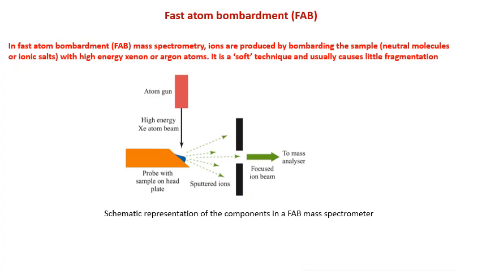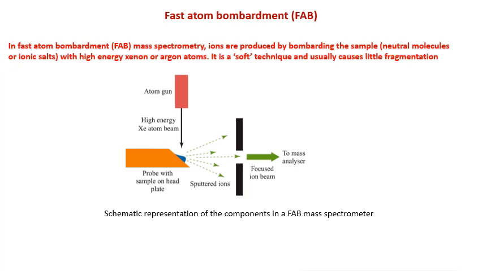Now FAB mass spectrometry was developed in the 1980s and has a number of advantages over EI. I will tell you one by one the advantages of this technique. The first one is that molecular masses up to 10,000 can be determined. So you can determine high molecular mass in this method, whereas in EI most of the molecule gets fragmented, so the molecular ion peak for higher masses will not appear as the base peak or a high intensity peak.